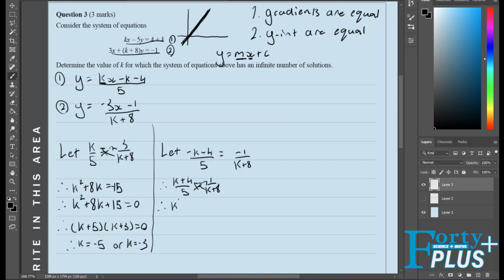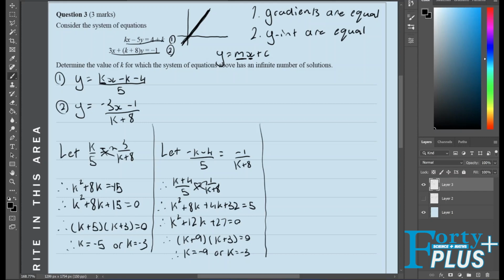So therefore, k squared plus 8k plus 4k plus 32 equals 5. Therefore, k squared plus 12k plus 27 equals 0. This is going to factorize to (k plus 9) and (k plus 3) equals 0. So therefore, k equals minus 9 or k equals minus 3.